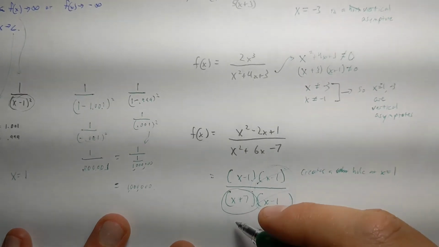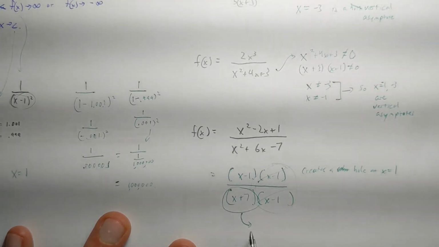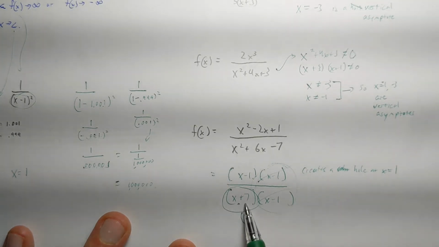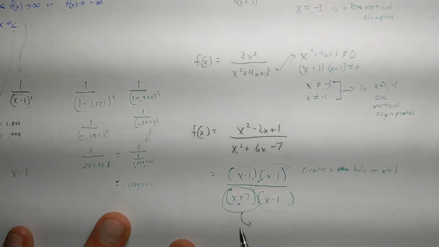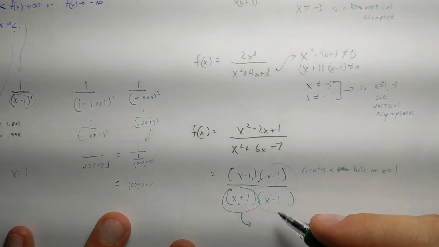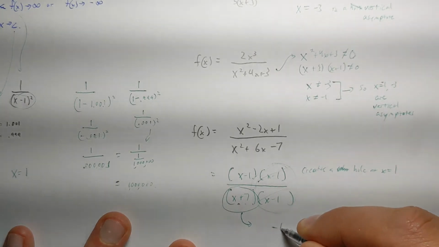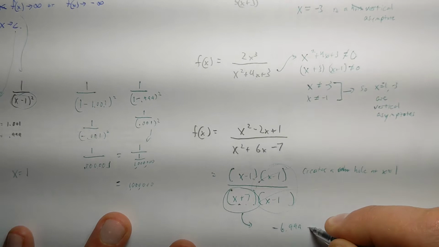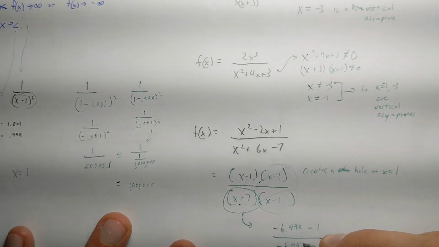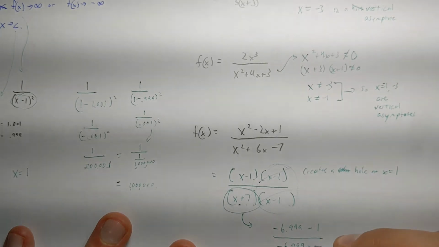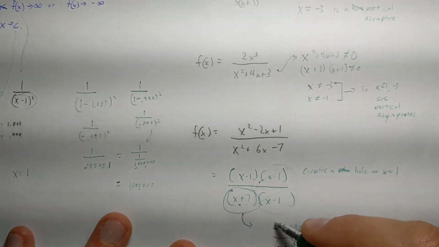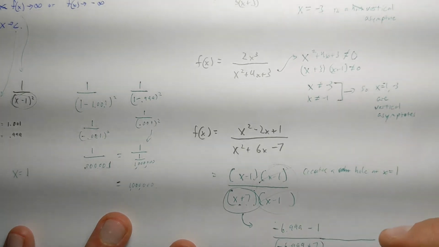However, this one right here, if I plug in numbers really, really close to negative 7, like negative 6.99999, and I'm going to go ahead and do it over here too.